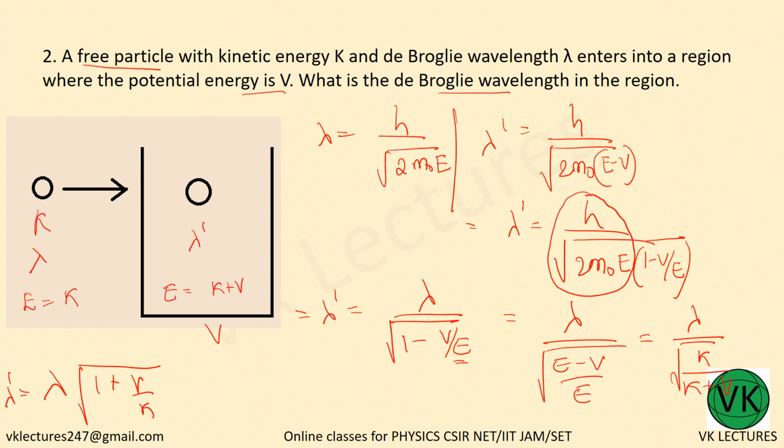Now in terms of total energy we can write lambda dash equal to lambda divided by under root 1 minus V by E, and in terms of V and K, lambda dash equal to lambda into under root 1 plus V by K.